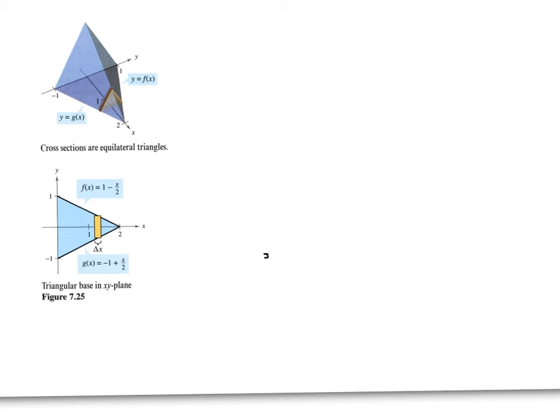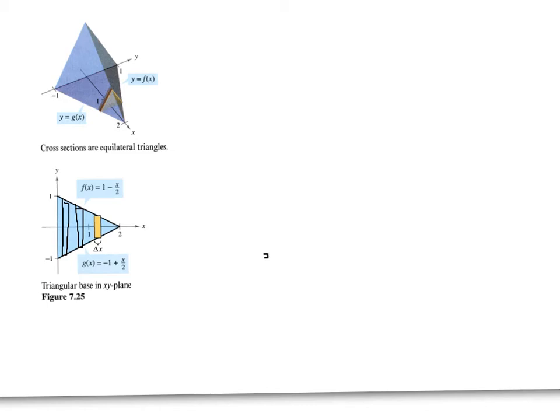The lower picture is a picture of the base, and the upper picture is a picture of what the solid will look like. When we slice here, we get equilateral triangles that are pretty large, but as we move our slices more toward 2, the size of the triangles gets smaller and smaller.